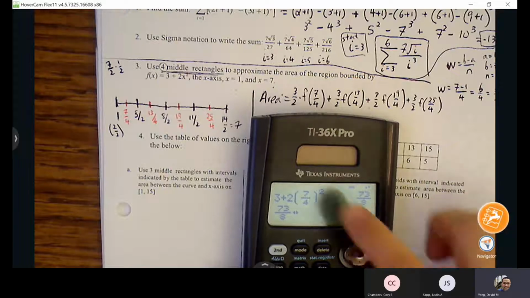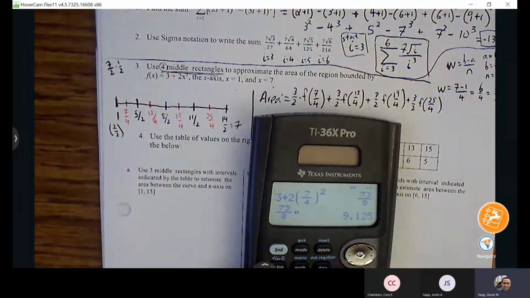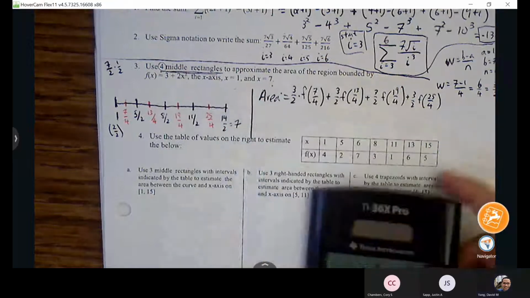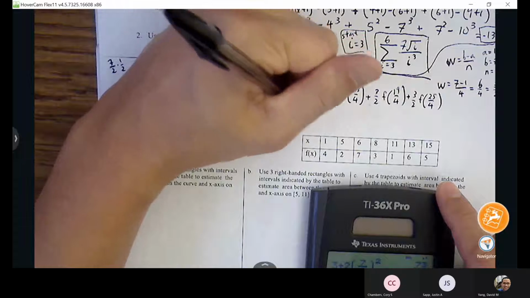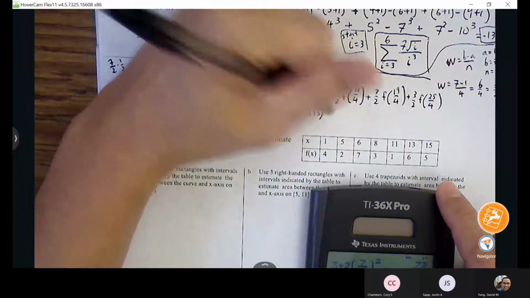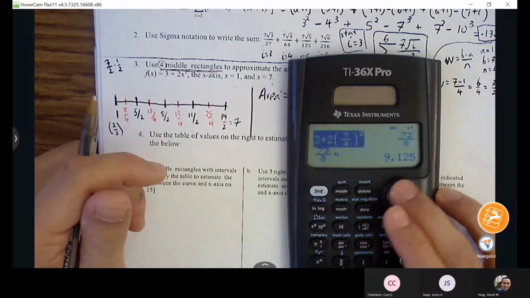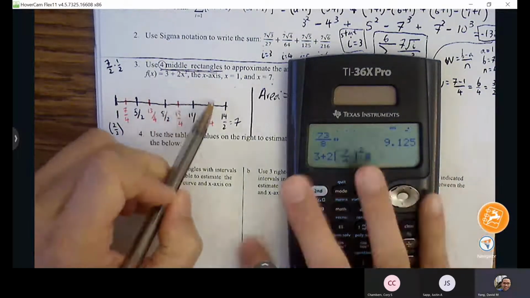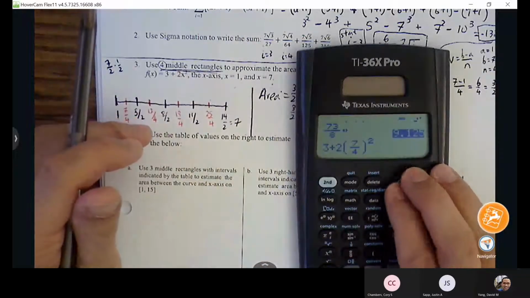All right, everybody okay with how we insert these x values into the function? We go down the line. Next value to insert into the function is 13/4.